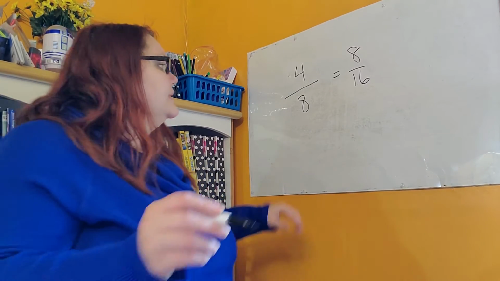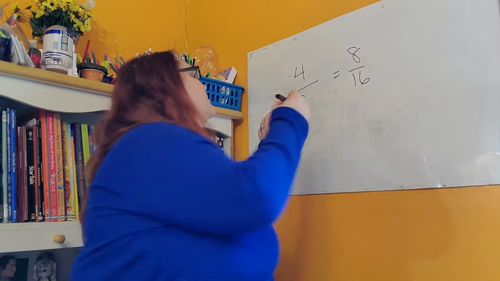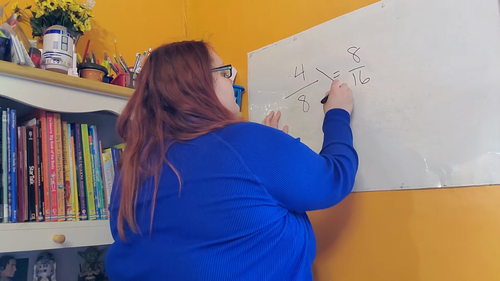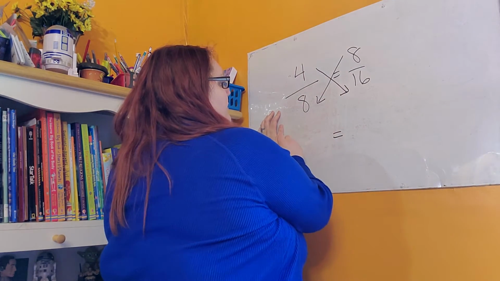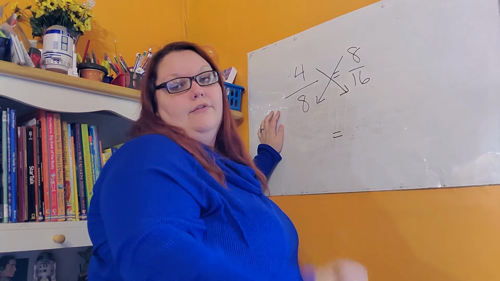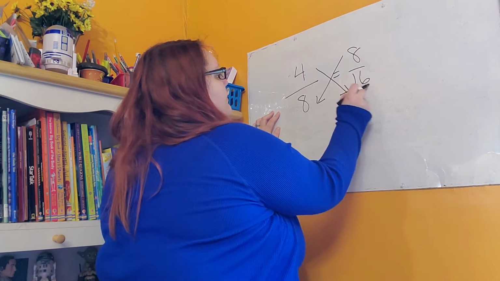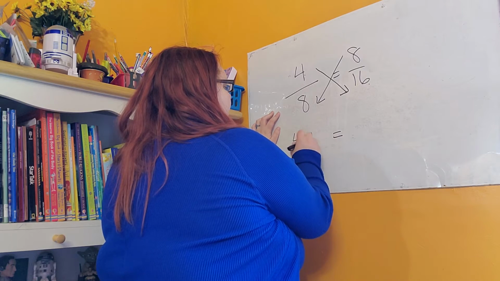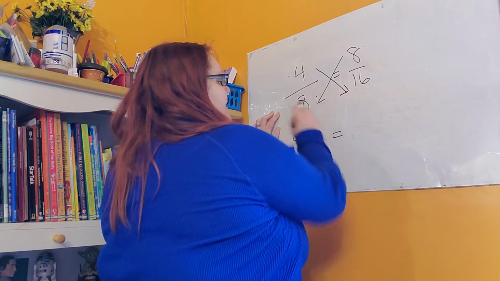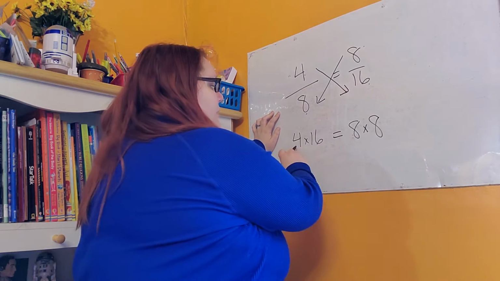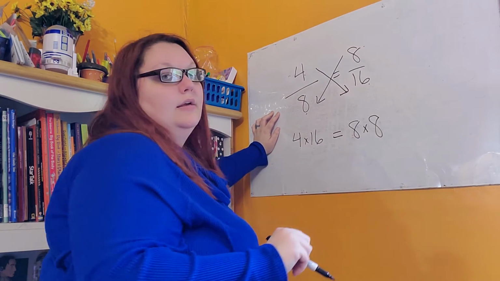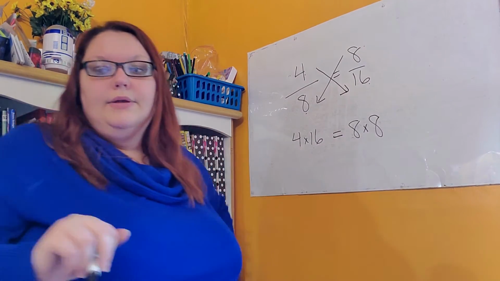So what you do is, it's just like any kind of equation. You can cross multiply and set them equal to one another. So we're going to have 4 times 16 equals 8 times 8. And when we do this, Emily, you care to get your calculator out and help me with that?